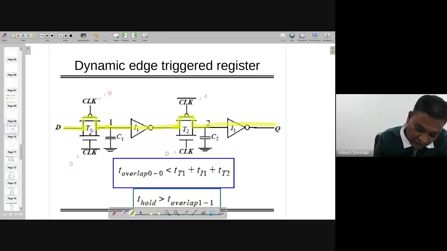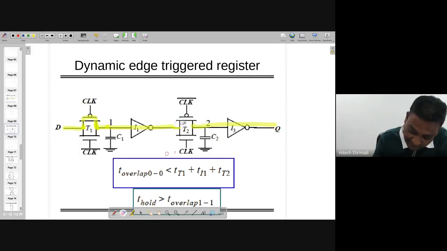So clock equal to 0 is going to make this one also on, right? And this is a mistake over here, because clock bar will become 1, right? And here clock equal to 0, so both are exactly equal.